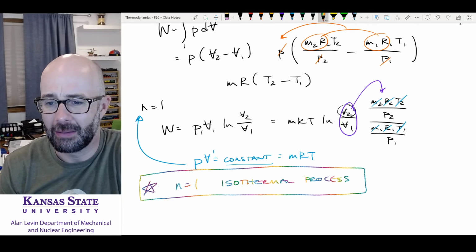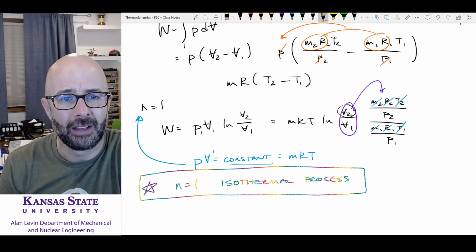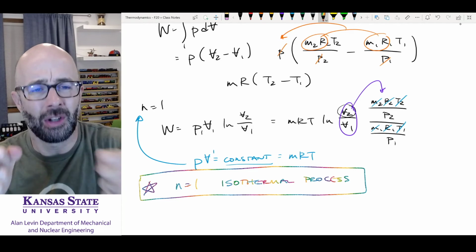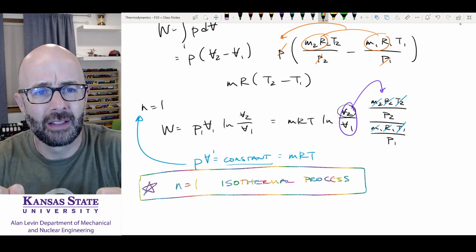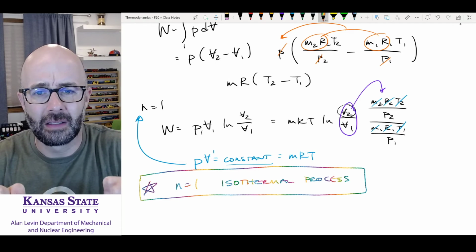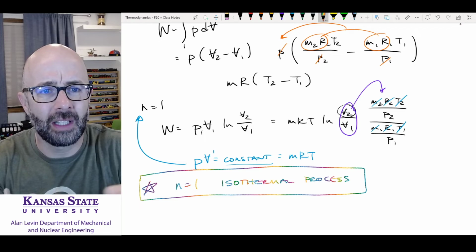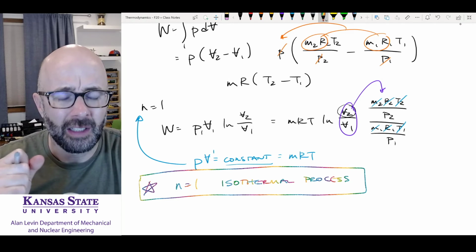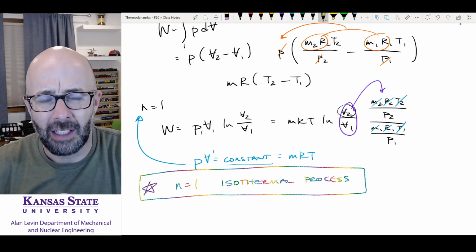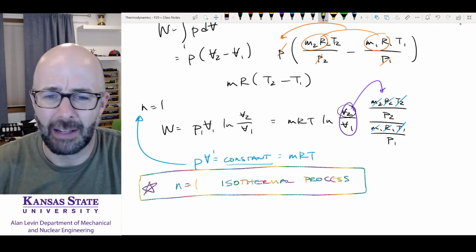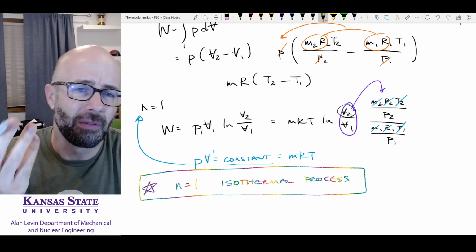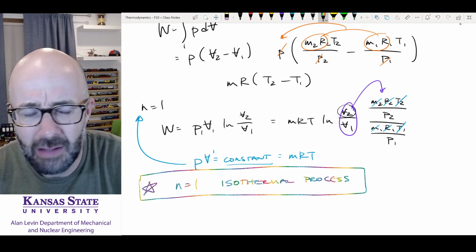You'll wake up in the dead of night and I'll come to your house and shake you, and I'll say, it's a polytropic process, ideal gas, isothermal. What is the n value? You'll say 1. Get the hell out of here. What are you doing in my house? And I'm here just because of my love of thermal. It's nothing creepy.